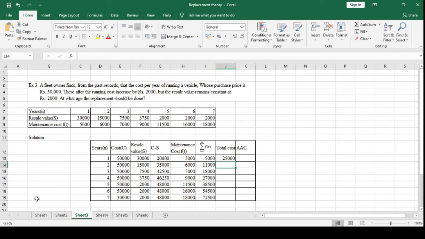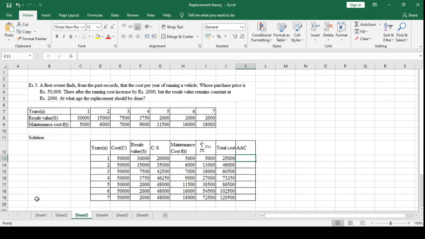Similarly, do this for each and every row and you will get 46,000, then 60,500, then 73,250, then 86,500, then 1,02,500, and 1,20,500.